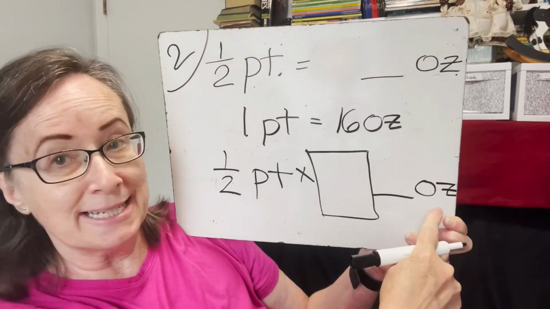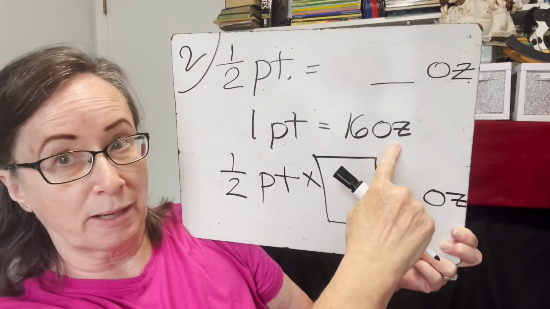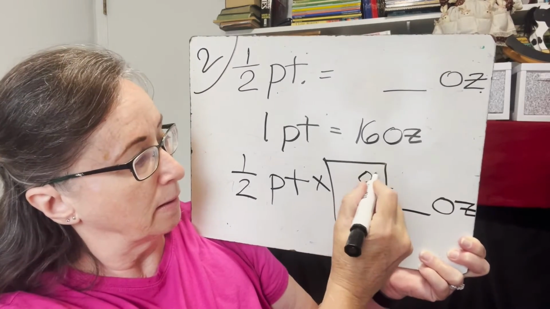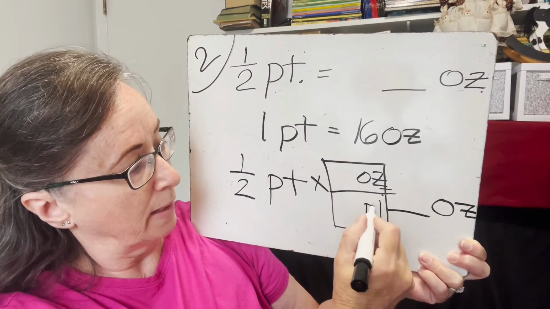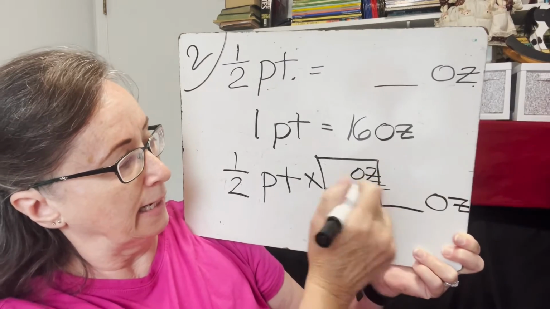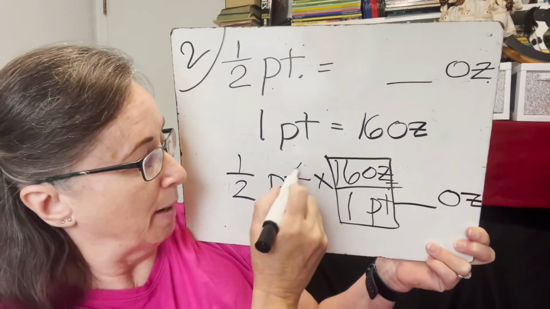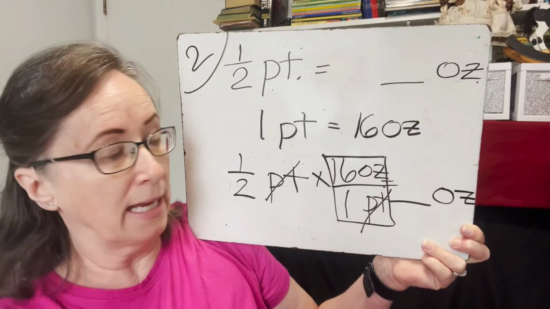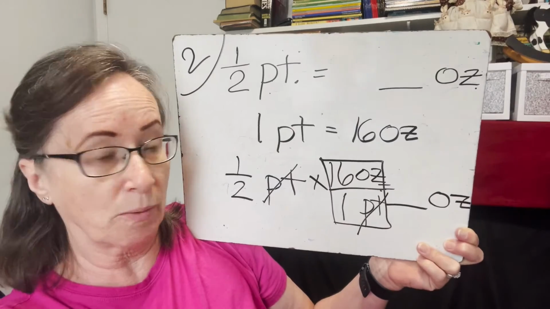I'm trying to get to ounces, so I want ounces on the top. That means pint will go on the bottom. And 1 pint is 16 ounces. And now I have my relationship already. My pints will cancel pints, and the only unit left is ounces, which is what I want.